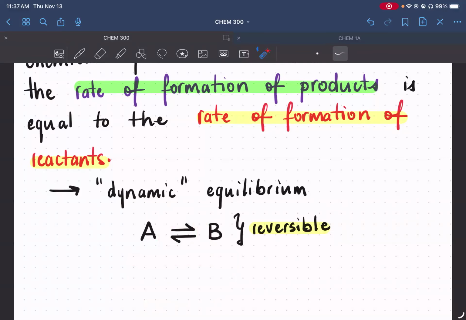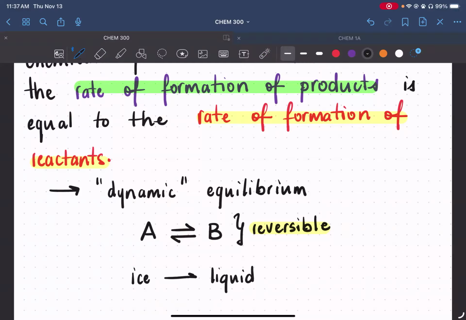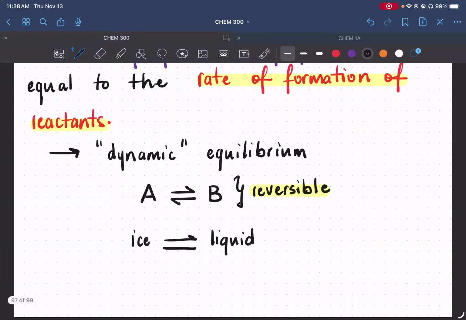Now, to understand reversibility, think about something like ice melting. We know, of course, that ice can melt into liquid water. That's one direction. But at the appropriate temperature, we can actually freeze the liquid water back into ice.